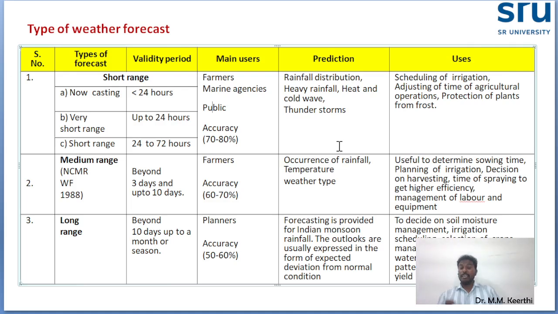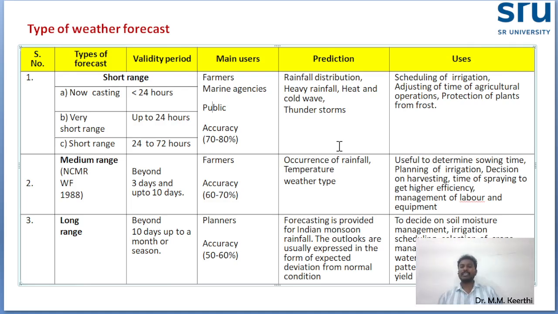Based on this, medium range weather forecasting is an important part in deciding the sowing time and what type of crops to choose. Everything is based on it, particularly sowing time, scheduling irrigation, and harvesting decisions. For example, if the forecast says there will be heavy rainfall the whole next week, what will farmers do? If the crop is at 95% maturity, or even 90 to 93%, they will harvest today.